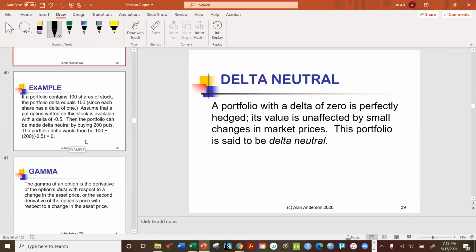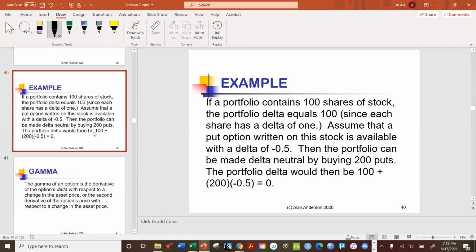All right, now let me show you a quick numerical example of this. What if we own a portfolio with 100 shares of stock? The portfolio delta must be 100 because remember, each share of stock has a delta of 1. There's a put out there somewhere that we can buy with a delta of negative 0.5.